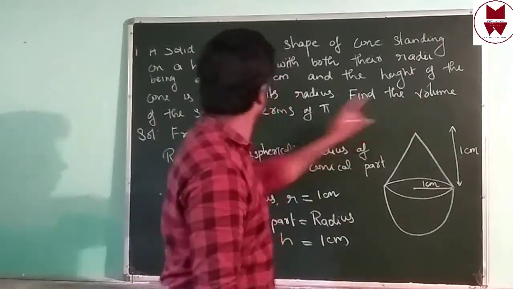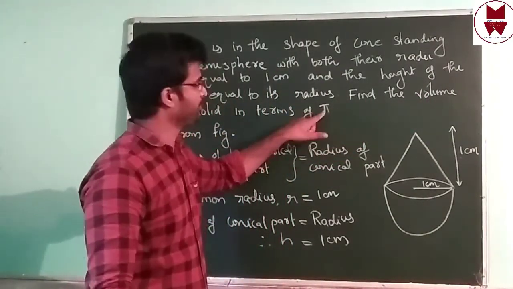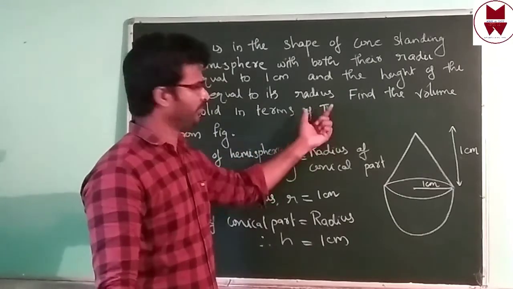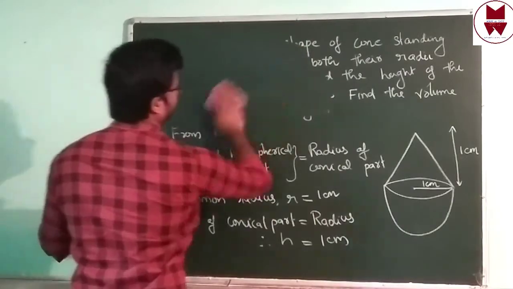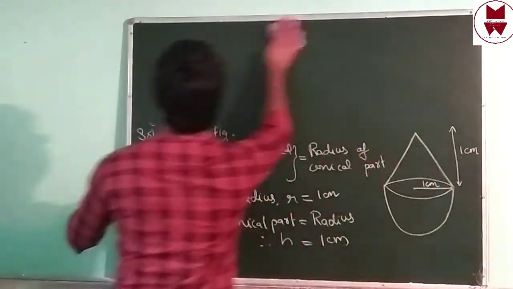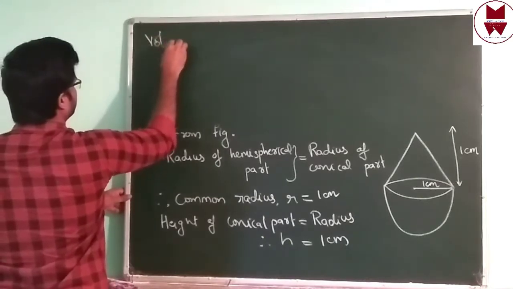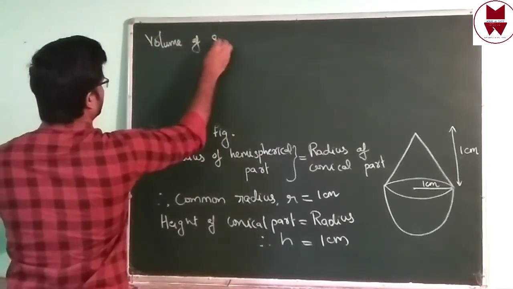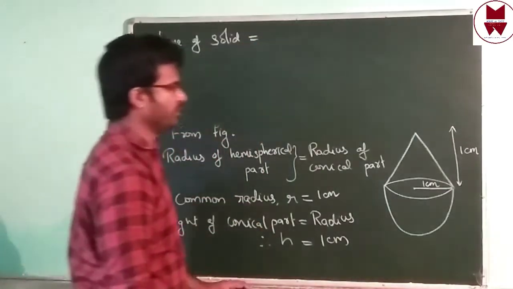Then find the volume of the solid in terms of pi. That means this pi value no need to give. In answer, 1 pi will come. Okay. Volume of solid equal to, how can we find out volume of solid?